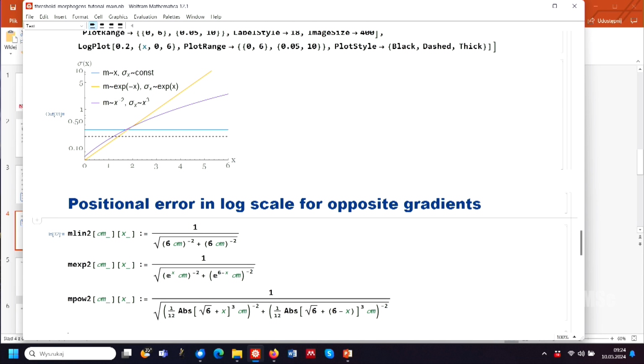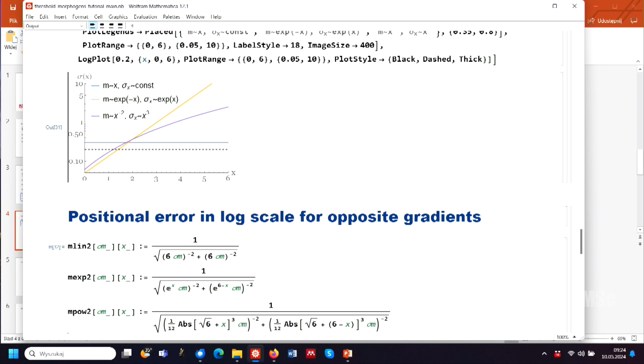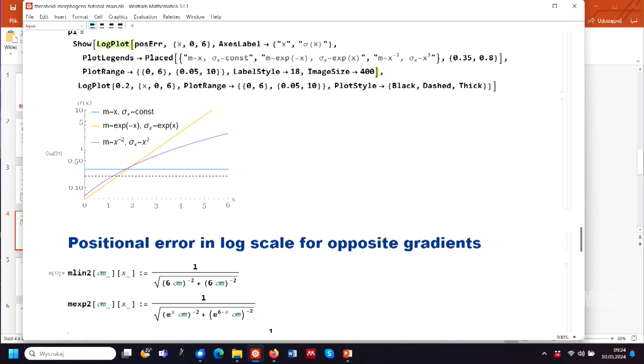Here I have the solution, but the thing is now how to improve that. To improve this positional error, from a design perspective, as you have seen in my talk, but also in Drosophila, you often have opposite morphogen gradients.